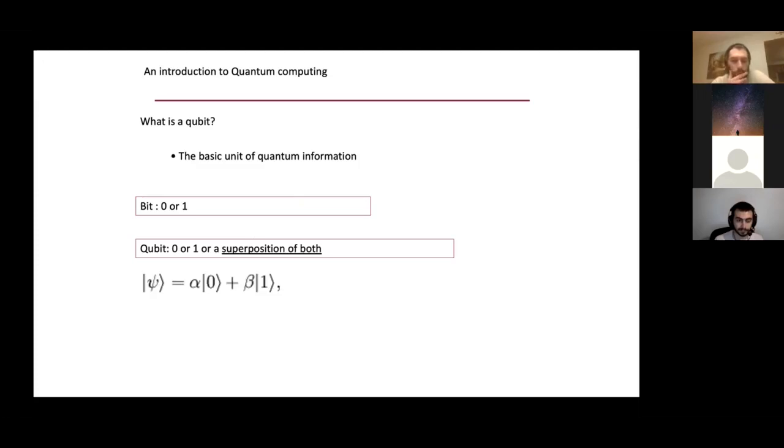And so you can write out your state like this. A few rules: your alpha squared and your beta squared here have to equal 1. I'm not going to go into huge amounts of detail, but you can represent it this way with your 1 state like this, and your 0 state like this. So your 5 state is somewhere in the middle.